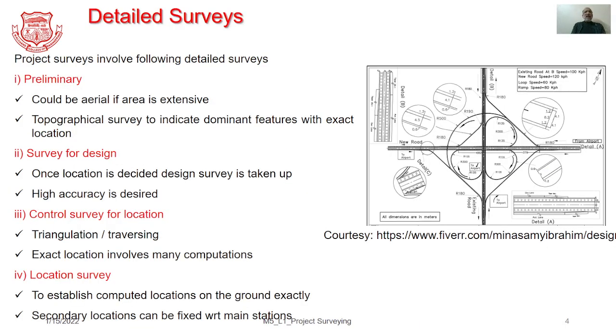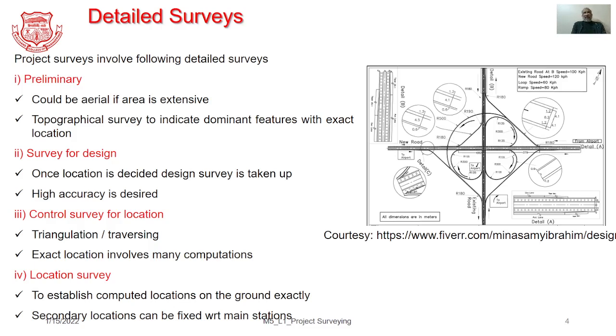So let's try to understand what are the meanings associated with some of the terms that we discussed. So as the project is conceptualized, as the reconnaissance related with that project is done, then one would be going for these stages such as preliminary surveys.